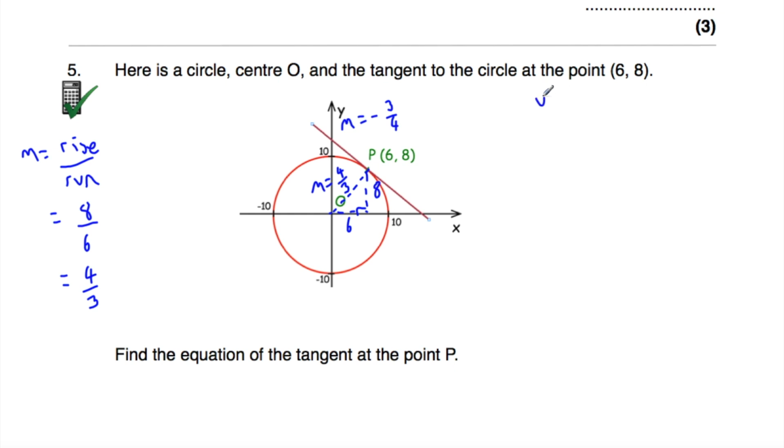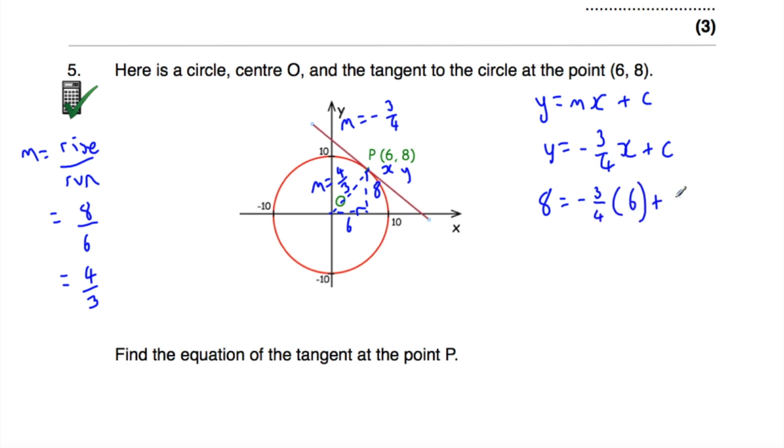So that would be a straight line, so y equals mx plus c. Now we know the gradient was equal to negative 3/4, so it's going to be y equals negative 3/4 x plus c. And it passes through the point 6,8, so the x coordinate will be 6 and the y coordinate will be 8. So y, that's 8, is equal to negative 3/4 multiplied by x, which is 6, and then plus c.